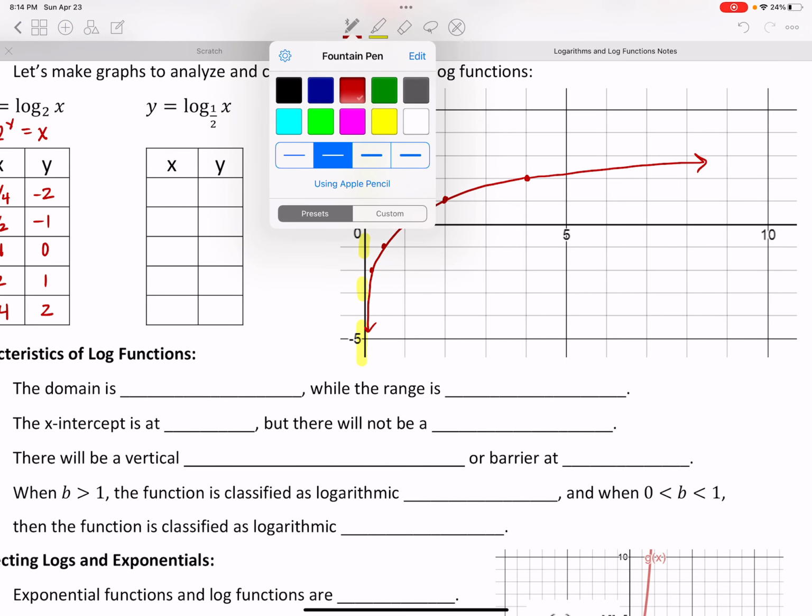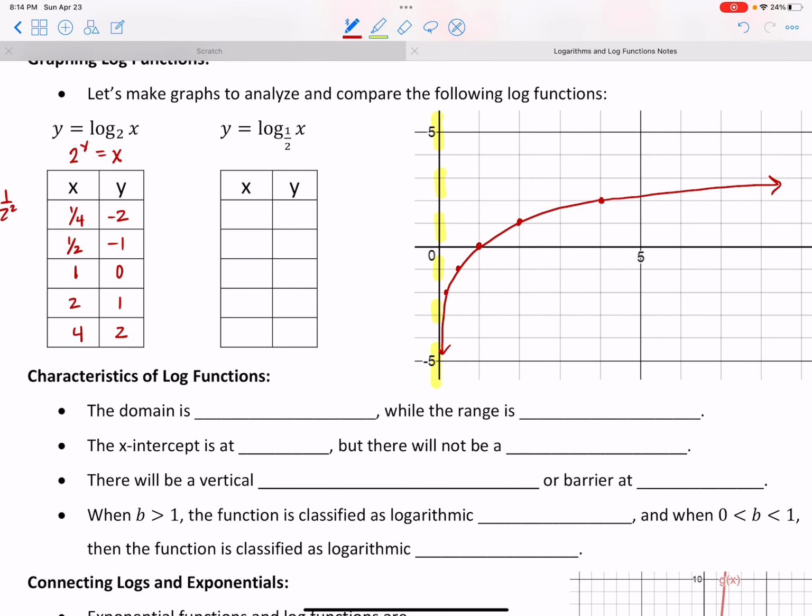This next one is what we're going to call logarithmic decay. Just like a base bigger than 1 makes exponential growth, it makes log growth here. A base between 0 and 1 is just like a base between 0 and 1 with our exponential. It shows decay. It's a decreasing situation instead of an increasing situation. It's just the rate at which we increase and decrease that is different, right?